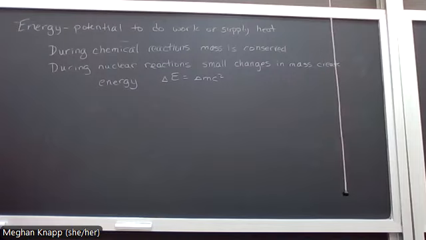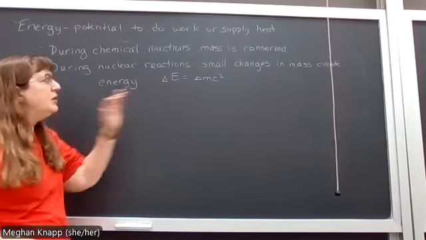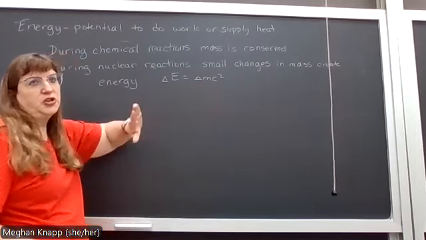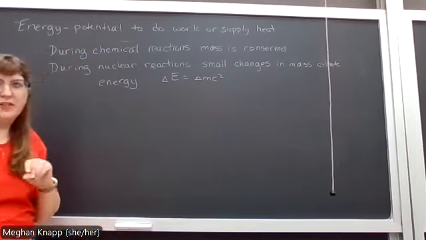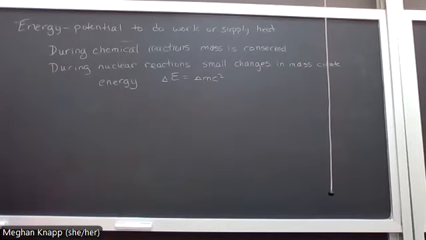So if we square that, now we have 9 times 10 to the 16th. So that's a huge number, right? So we're talking quintillions, I think, at that point. So even if I have a very, very small change in mass, I can still get some energy out of that. And that's why nuclear power plants and nuclear bombs and whatnot create so much energy.